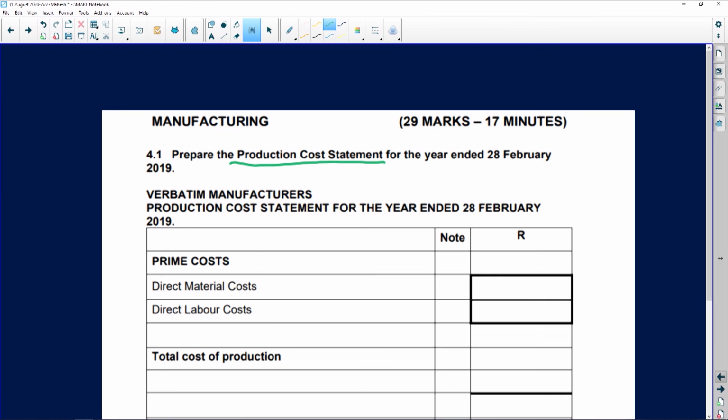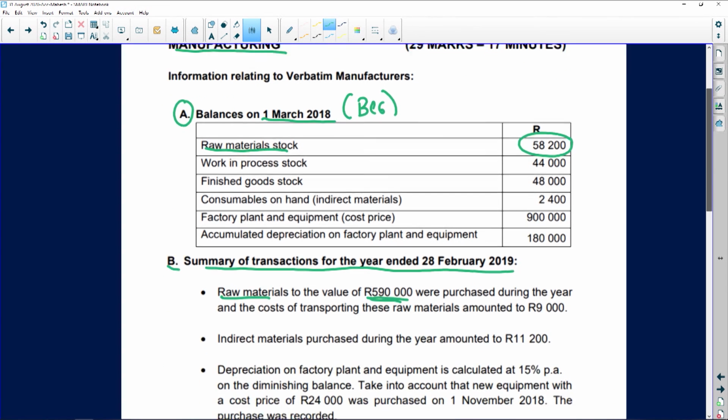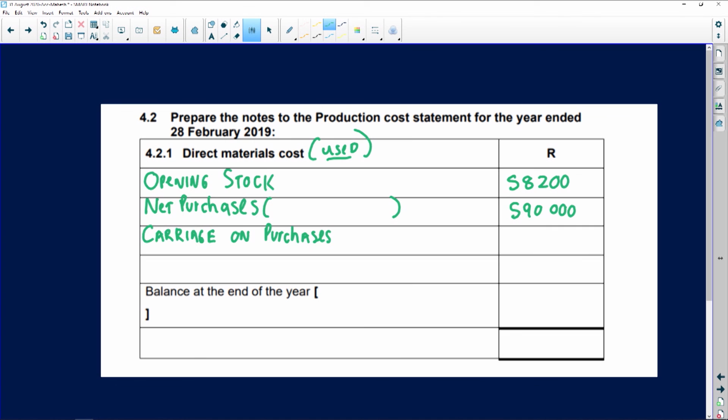What was the transport cost paid for bringing these items to the factory? So still looking at the same information, the cost of transporting these raw materials amounted to 9,000 Rand. Okay, so simple, straightforward, we're going to take through the 9,000. Right, as you can see guys, not difficult.